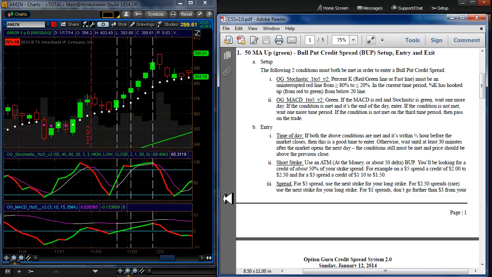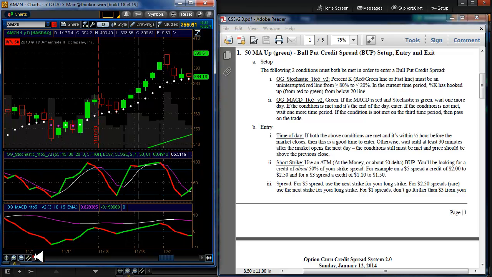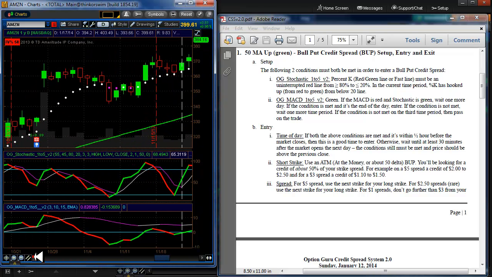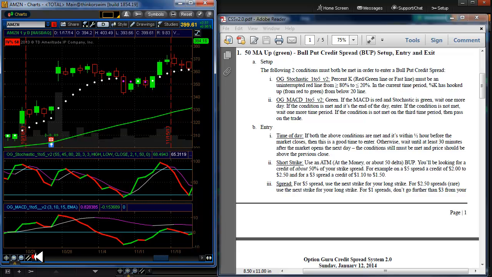In this example, number one, the 50 MA is moving up, and here it is right here. This is the 50 MA. It's moving up. Let's pretend that we're back here on this particular day, and here is actually the day before. Now we're getting a setup here.